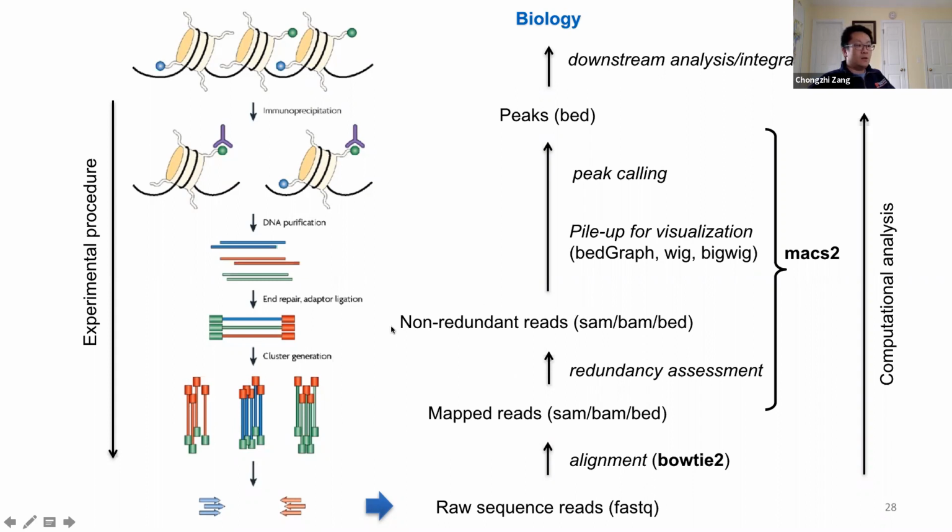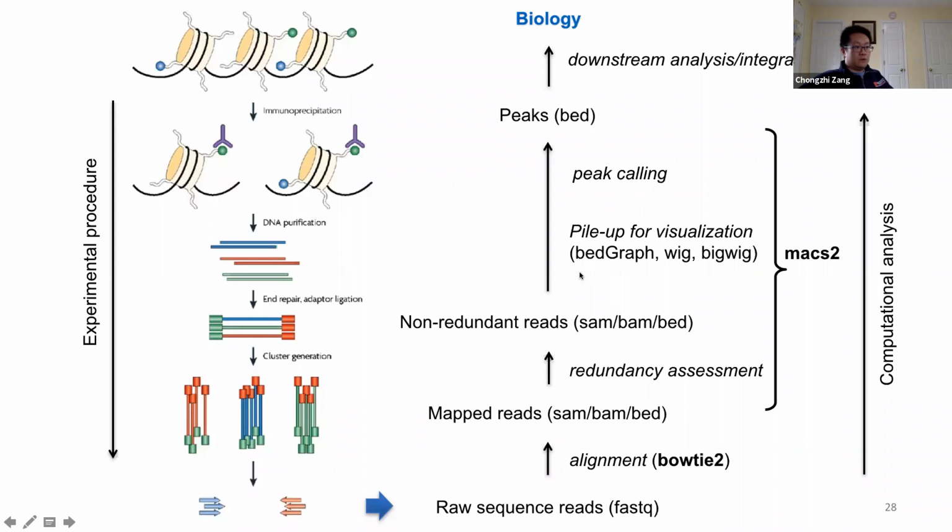With the non-redundant reads that represent the DNA fragments directly coming from the ChIP experiment, we will do peak calling, identifying the regions from the genome where the protein-DNA interaction occurs. In this step we will capture the actual biological information of where in the genome we have the signal. That is peak calling.